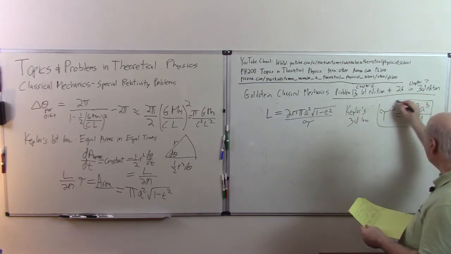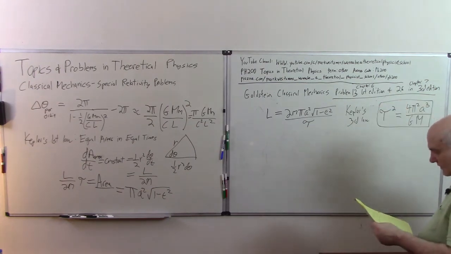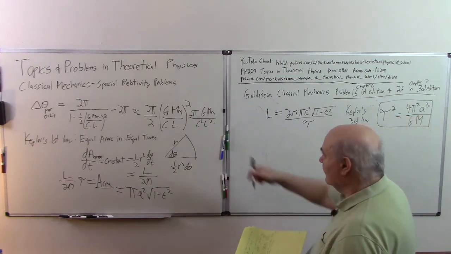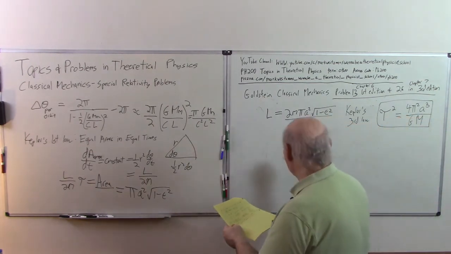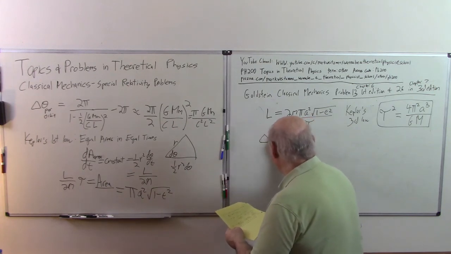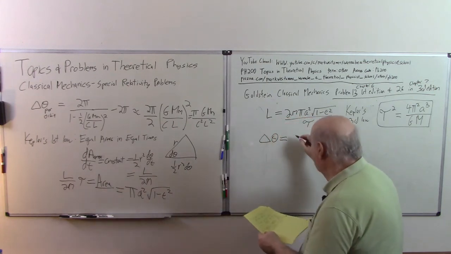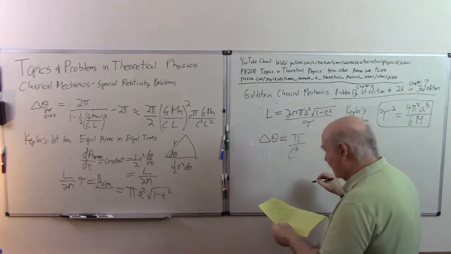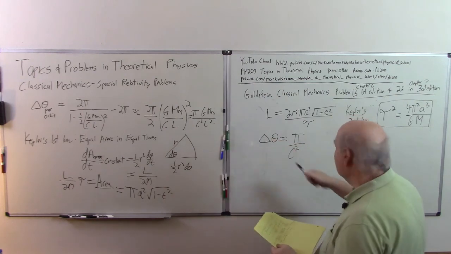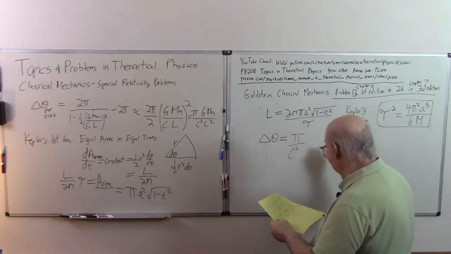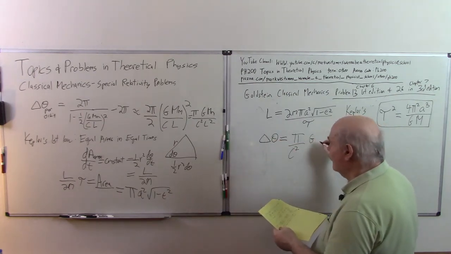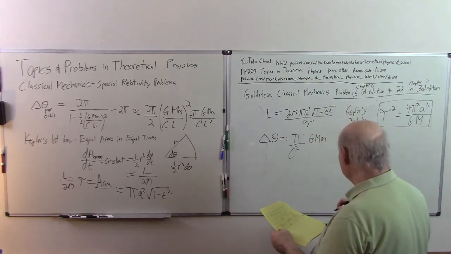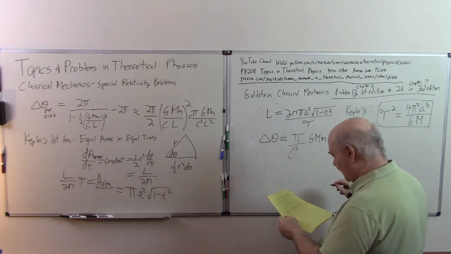So this is Kepler's third law. So now things are starting to look good. So let's go back to our formula here for del theta. Del theta is equal to pi over c squared, I have a GMM here.